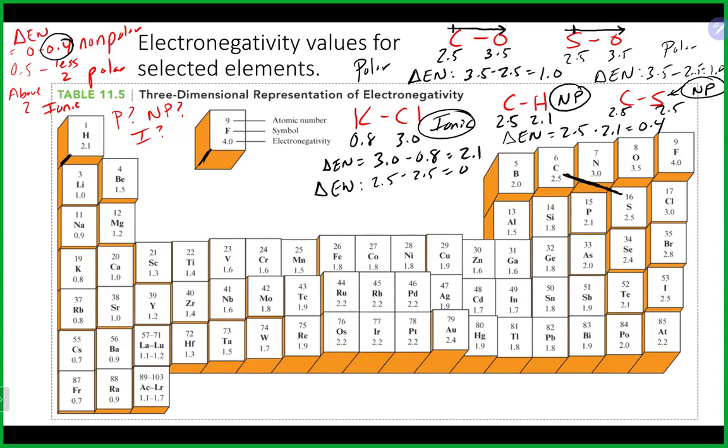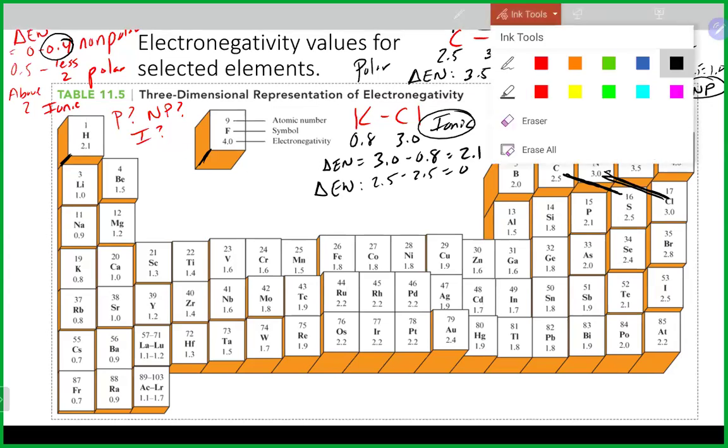And because carbon is higher up, but sulfur is further to the right, they cancel out their differences and they end up with the same electronegativity value. That happens in a few places. If you look at nitrogen and chlorine there, also the same electronegativity value. So there is a possibility of this sort of diagonal relationship that can develop between two different elements that may actually share the electrons equally. But again, it's usually one over to the right, not directly below it, to cancel out those differences.